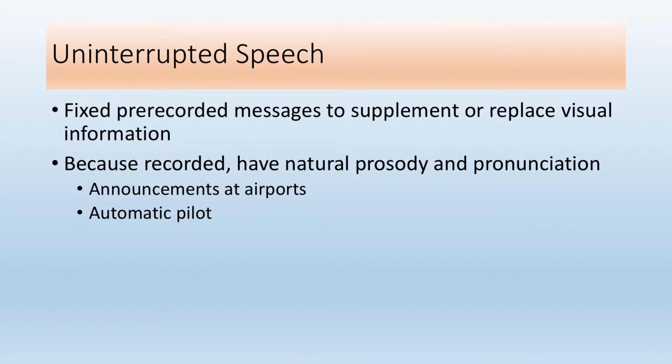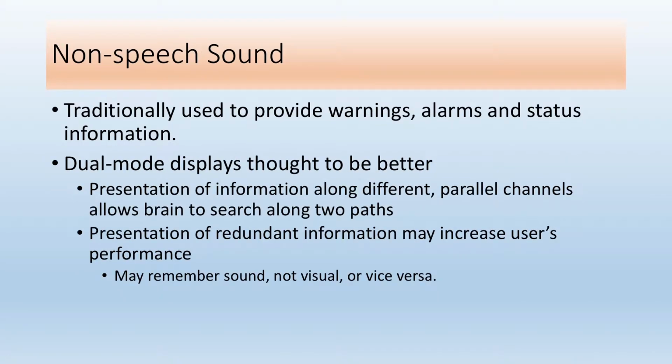Now, beyond speech, you've also got the concept of non-speech sound, which we've talked about quite a bit. Putting speech, visual, non-speech, and all that together, you can get a very rich capability of conveying a tremendous amount of information in a way that users can actually use and understand. Okay, it may be redundant, but remember, redundancy is not necessarily a bad thing, and redundancy in systems that are critical is actually very important to provide.